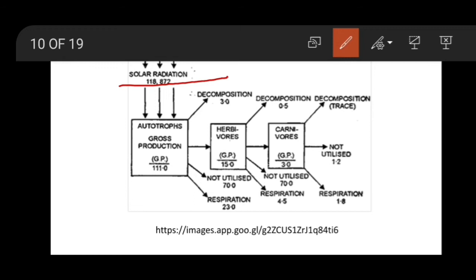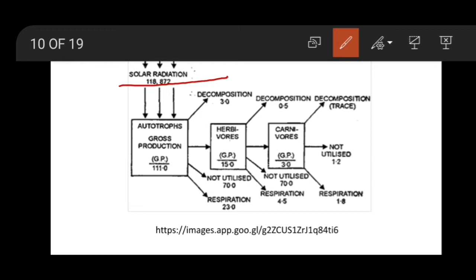that is 118,872 gram calories per centimeter square per year. This much solar radiation reaches the earth, and this is the total incoming solar radiation.